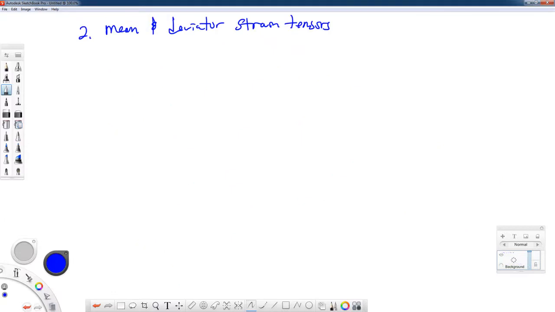We can talk about the mean strain tensor and the deviatoric strain tensor.